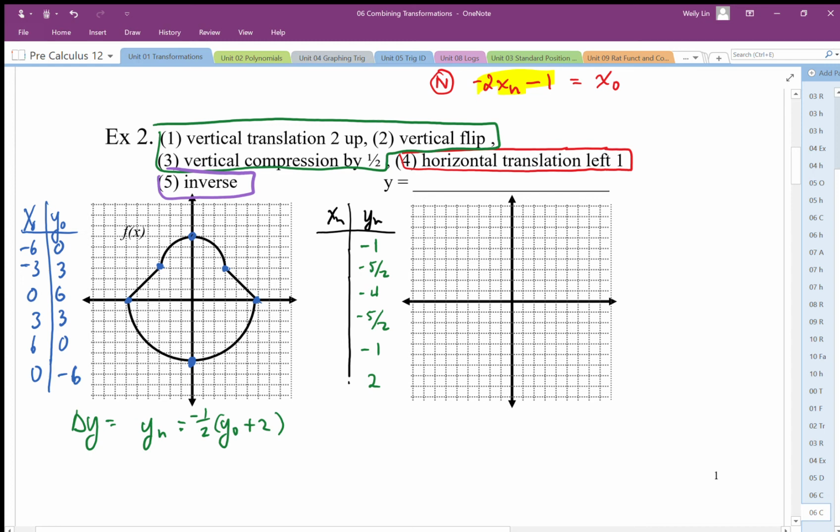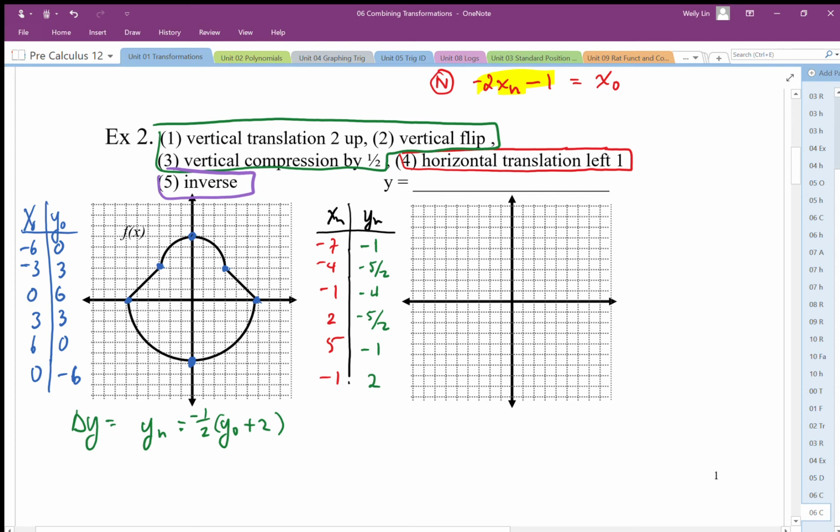Okay, the horizontal, pretty straightforward. There's only one step. It's going left 1, so I'm going to go minus 1, minus 1, minus 1, minus 1, minus 1, minus 1.